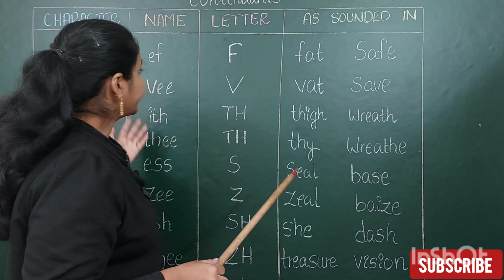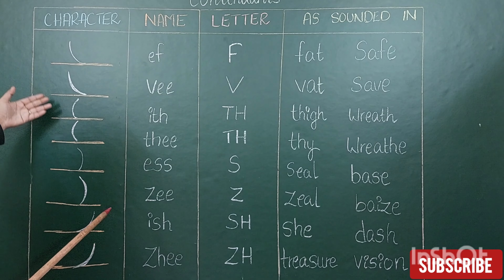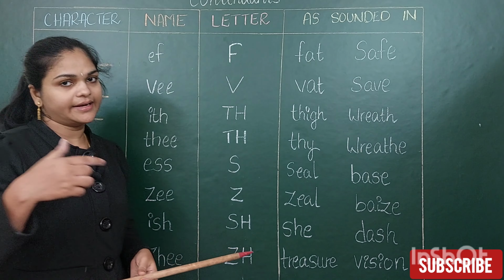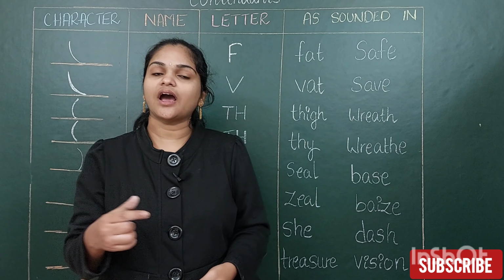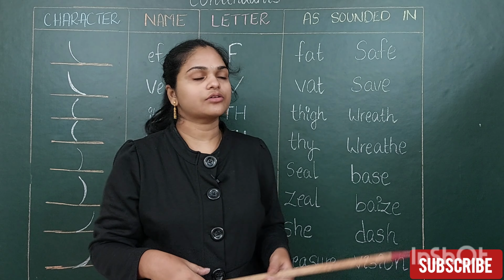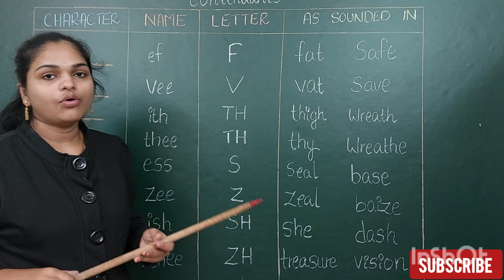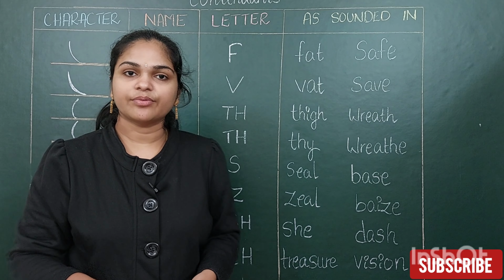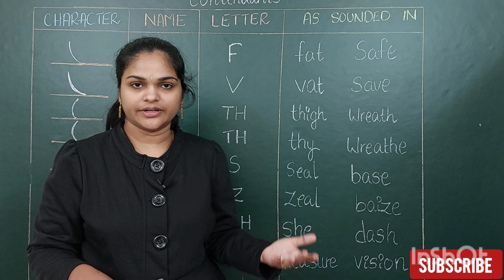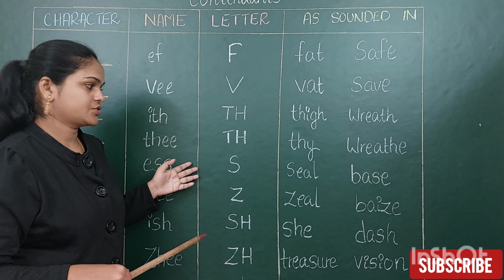The next 8 consonants are curved strokes, represented in upright or sloping curves. They are called continuants. So we have discussed the first 8 straight strokes and the next 8 curved strokes.